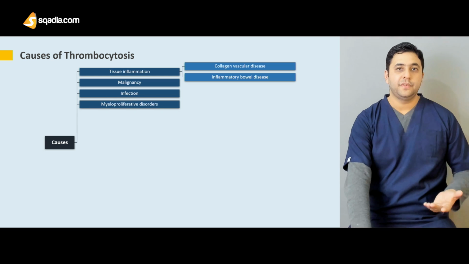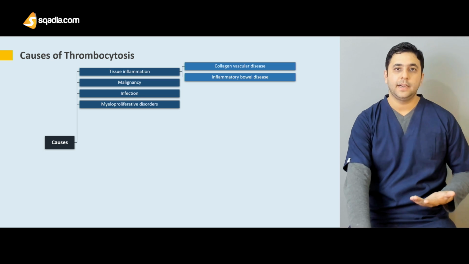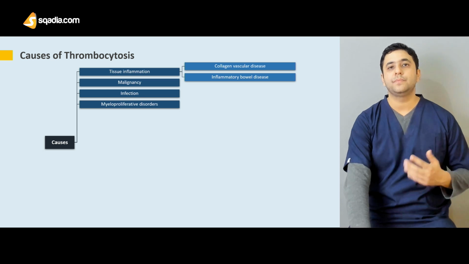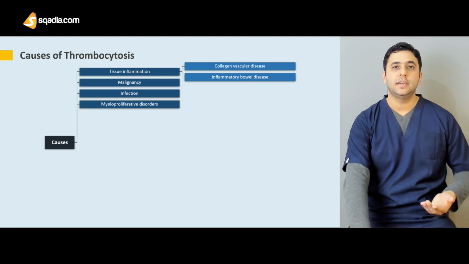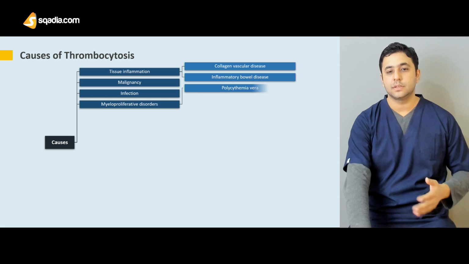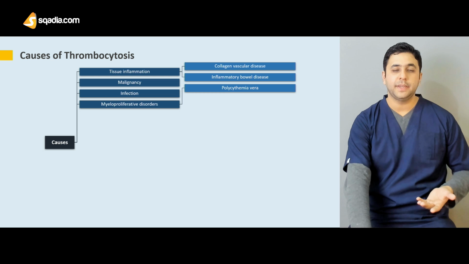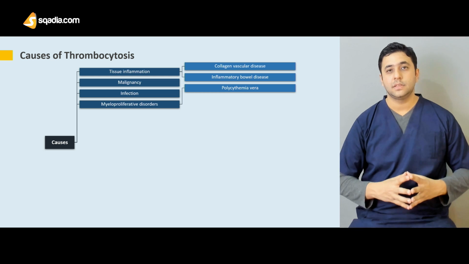Similarly, all the types of myeloproliferative disorders have an increase in the platelet count. So it is very important to evaluate the other signs and symptoms in the patient and to look at the other lab findings to differentiate all of these types of myeloproliferative disorders. As in polycythemia vera, we have a very large increase in the RBC count.